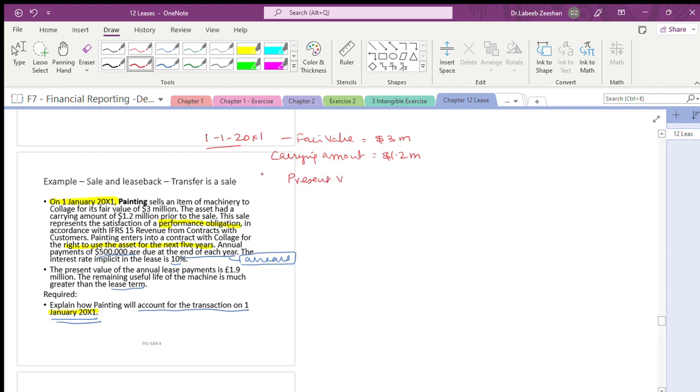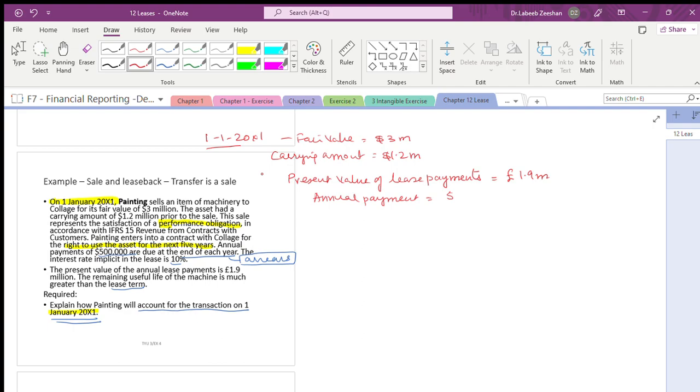Present value of lease payments is 1.9 million. The sale is 3 million, the carrying amount is 1.2 million, and annual payments are 500,000.